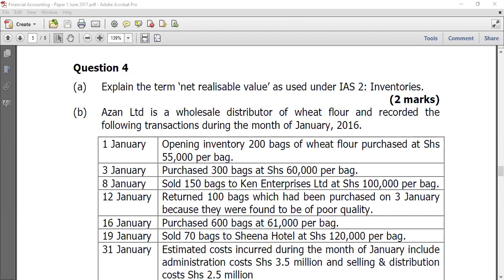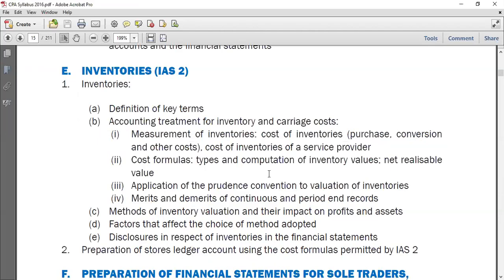And inventory is a key component of working capital, so it's very good that we understand what it exactly entails.